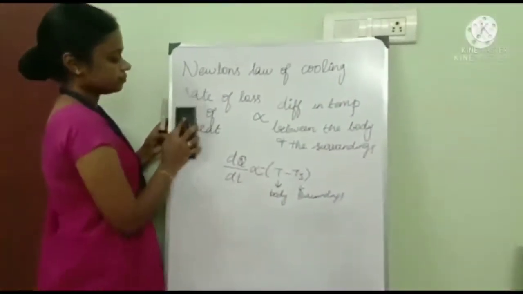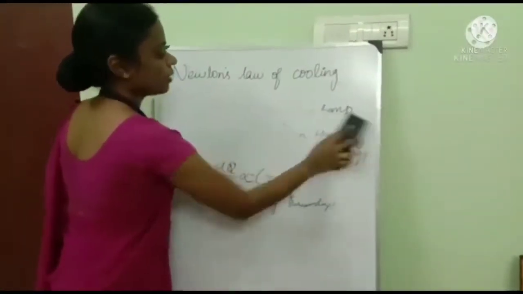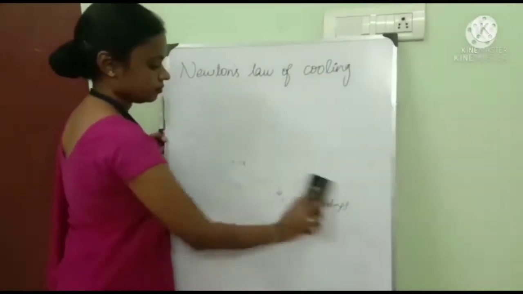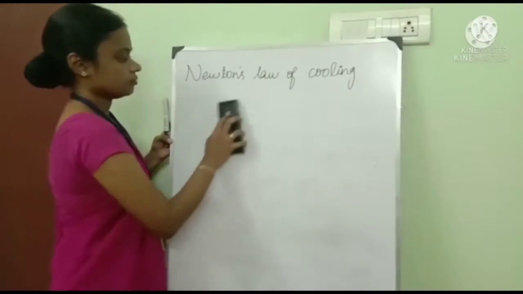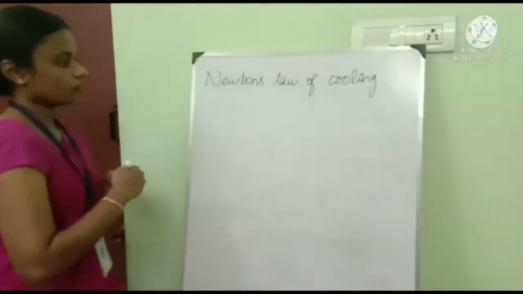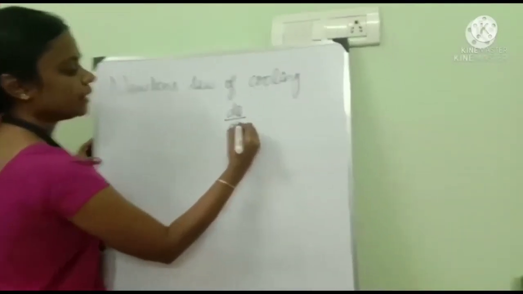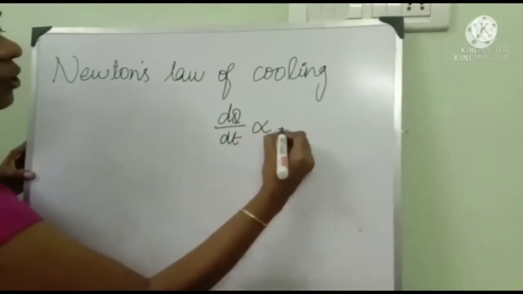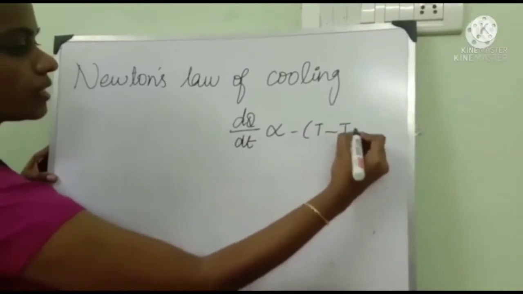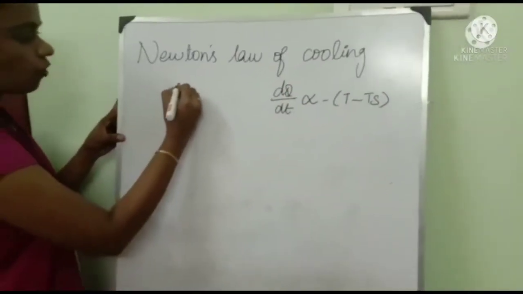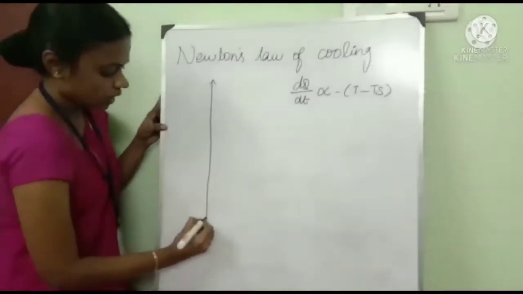Now, we shall plot a graph explaining this law, dq by dt is proportional to minus of T minus Ts.